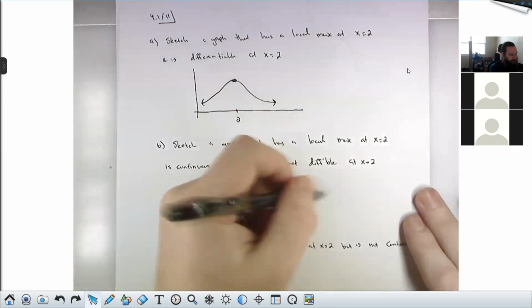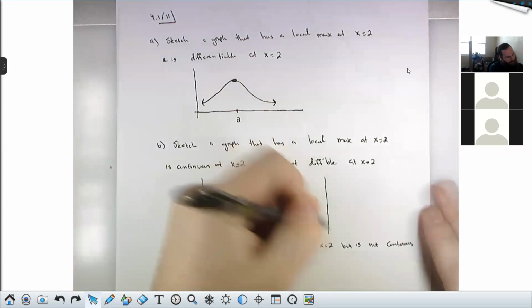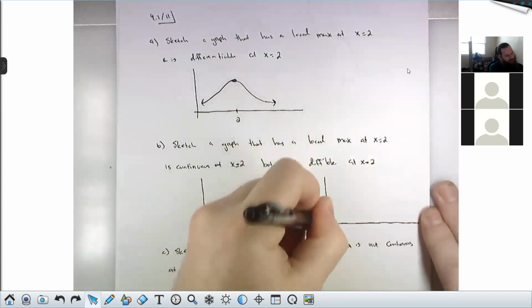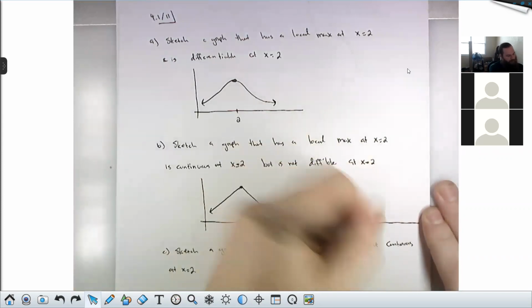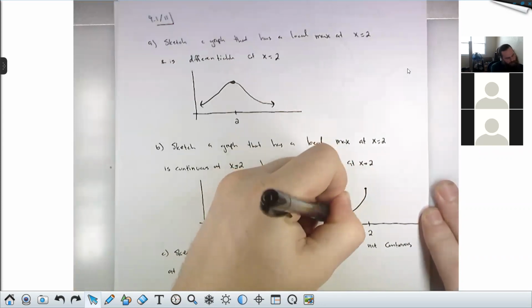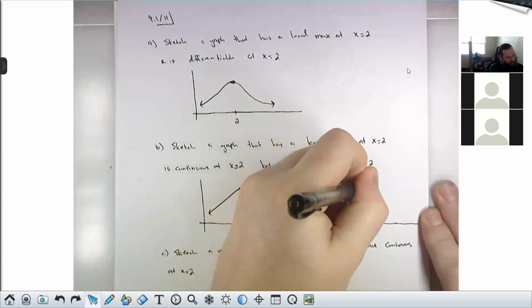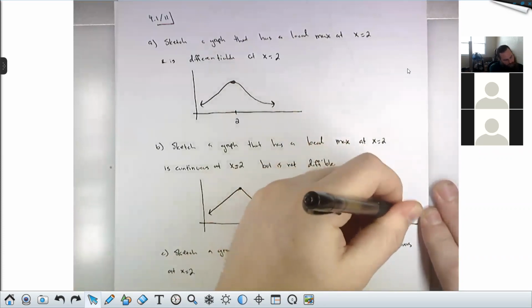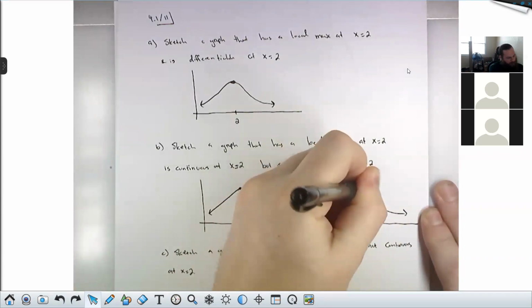Or, and this is the sort of behavior that I'm excited to illustrate to you guys, there could be something there called a cusp. Not only is there a sharp corner, but things are very pointy.